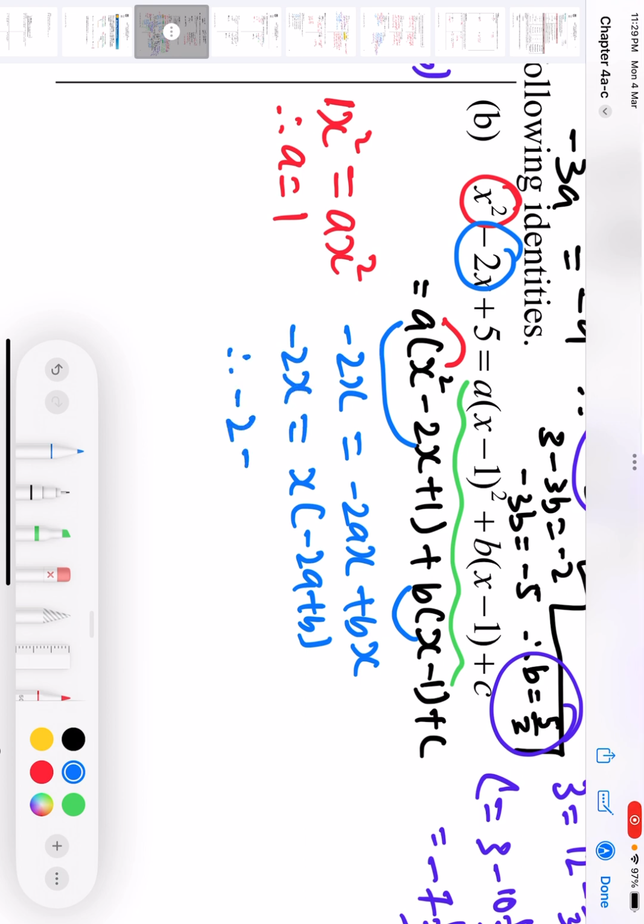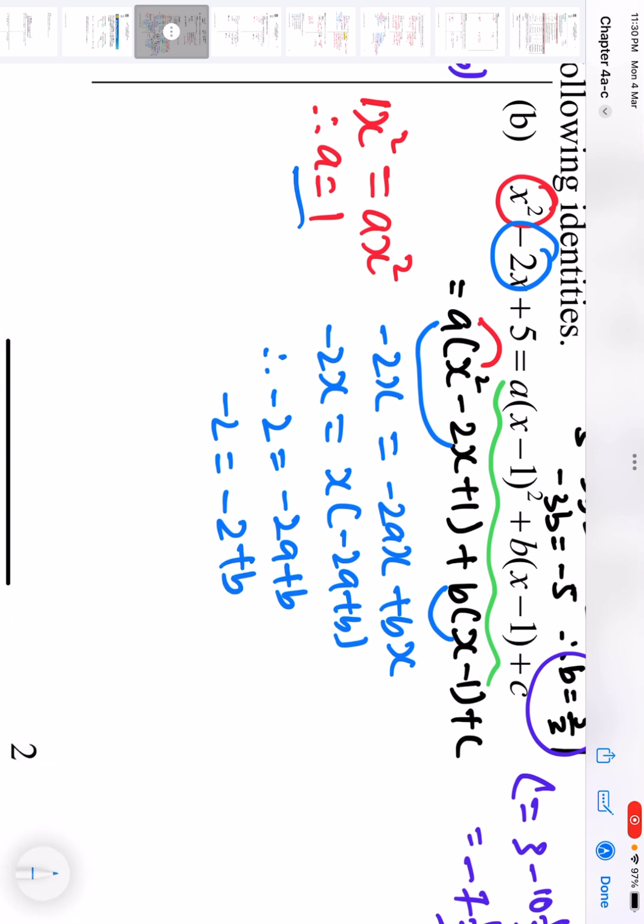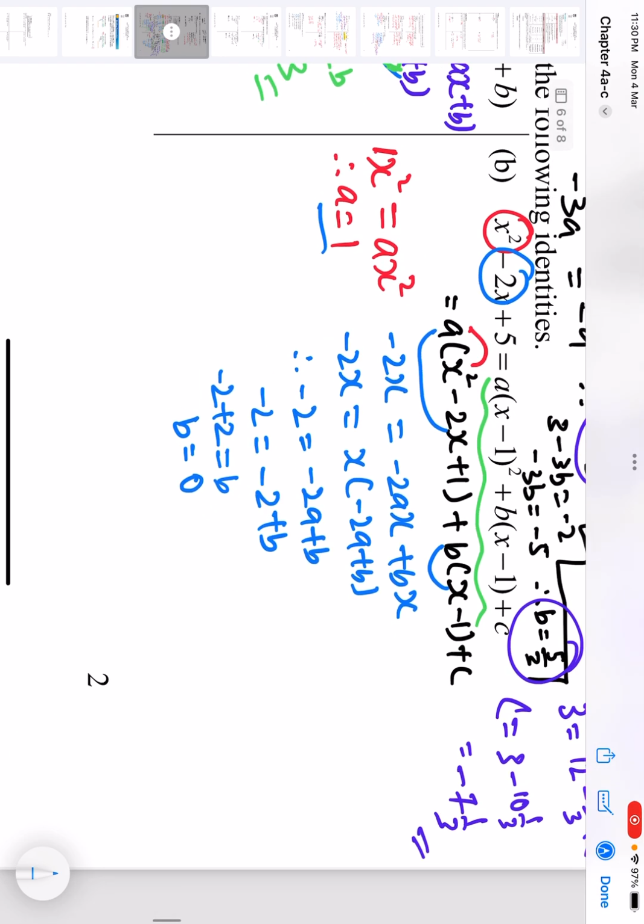So therefore, negative 2 is equal to negative 2a plus b. Now we know what a is. Negative 2 is actually negative 2 times 1 plus b. I bring the negative 2 over. Negative 2 plus 2 is equal to b. So therefore, b is equal to 0. Okay, so we know that b is equal to 0.